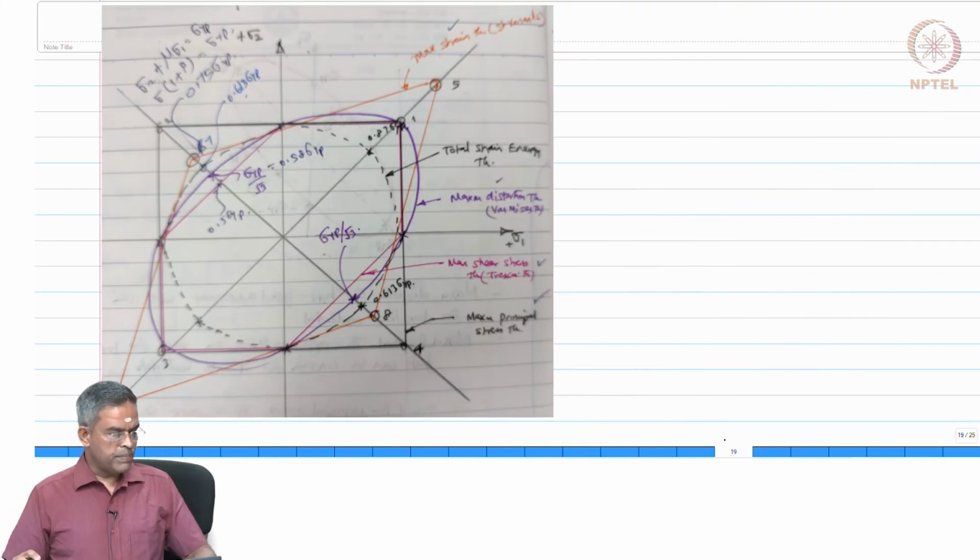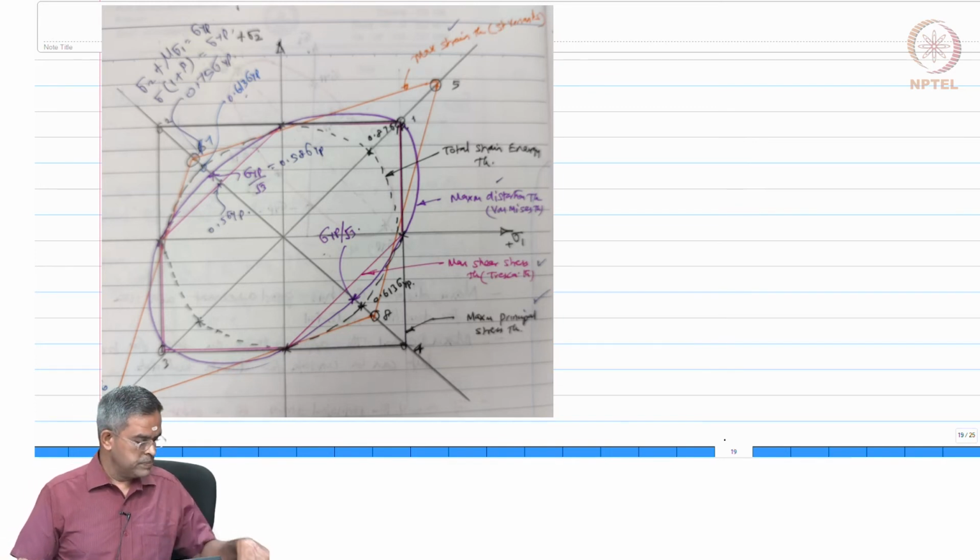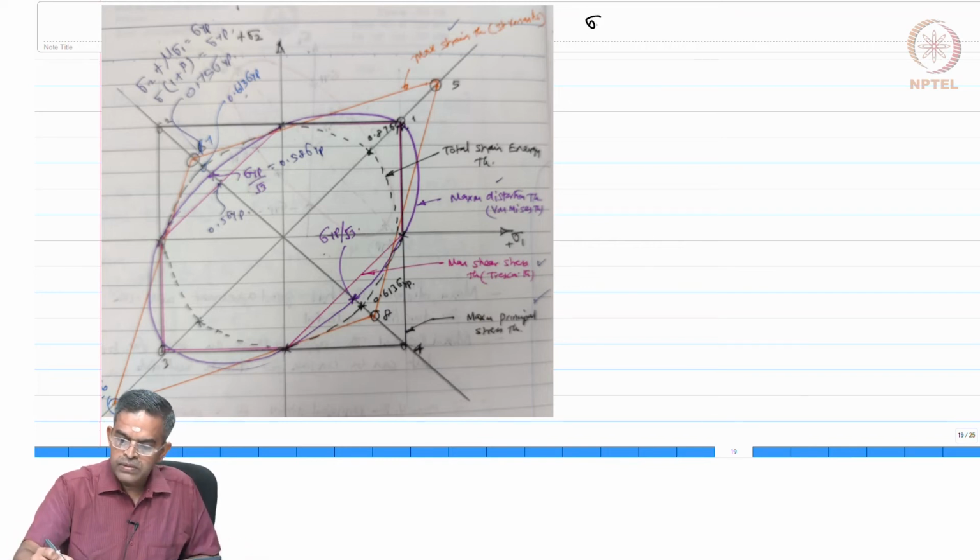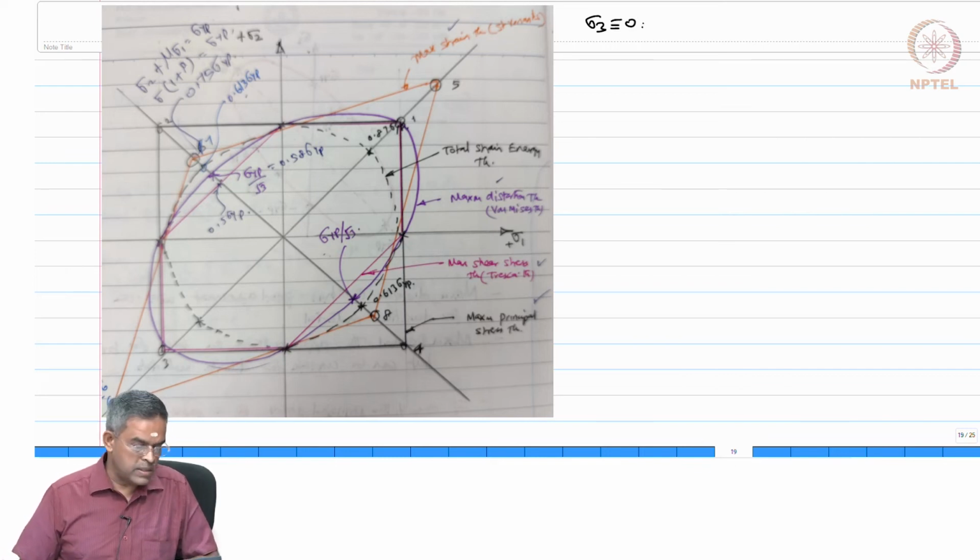This is a graphical comparison of all the theories as we just now derived and plotted in these previous 3 lectures. So, in this plot sigma 3 is taken as 0. So, we are plotting for a biaxial stress state.